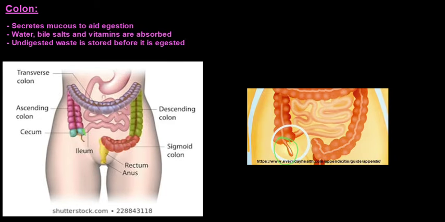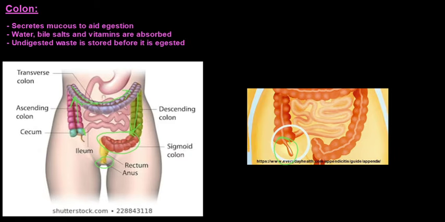Then the next portion of the large intestine is the ascending colon, the portion going up, then the transverse colon that moves across, and then finally the descending colon that goes down, and that will then come into the last portion of the large intestine, which is the rectum, and then the rectum finishes with the anus, which opens up to the rest of the world.